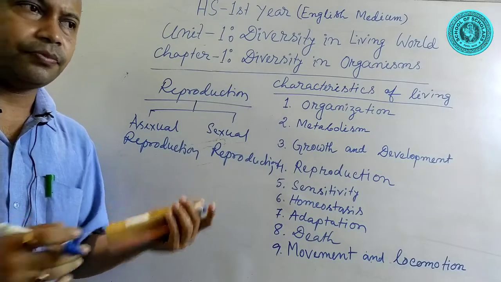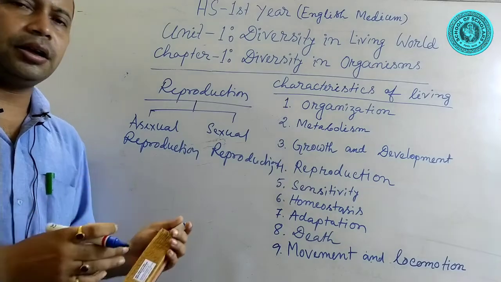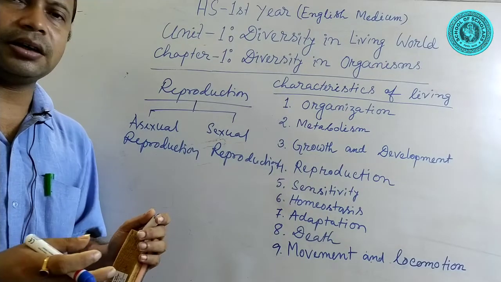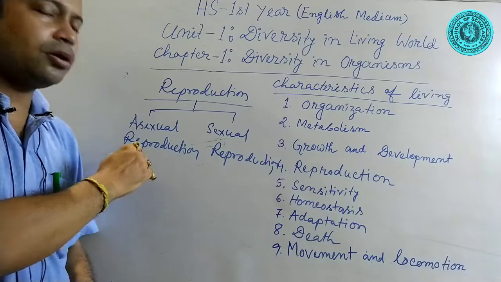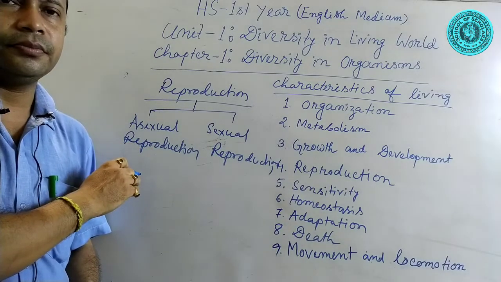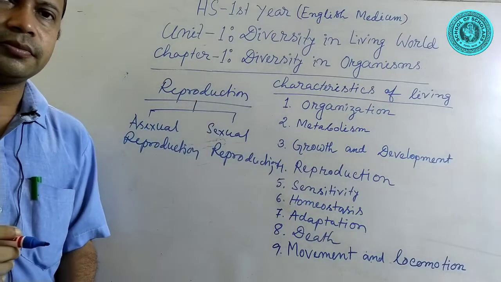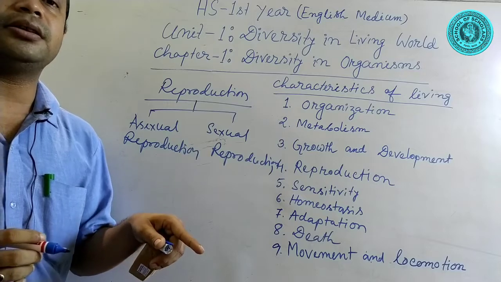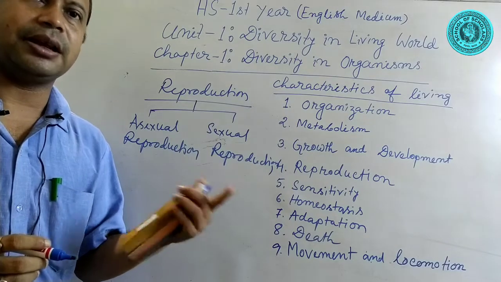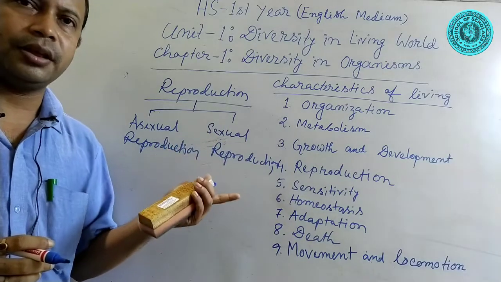In asexual reproduction, from parent bodies, organisms are directly developed, and the developed individuals are genetically similar to their parents. There is no fusion of gametes. And in case of sexual reproduction, the male gamete is called sperm and the female gamete is called ovum.